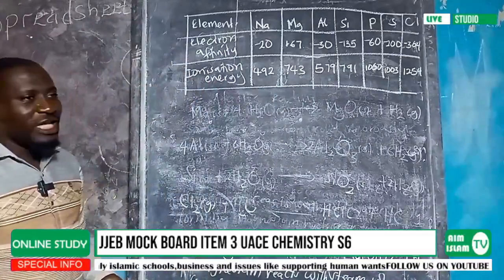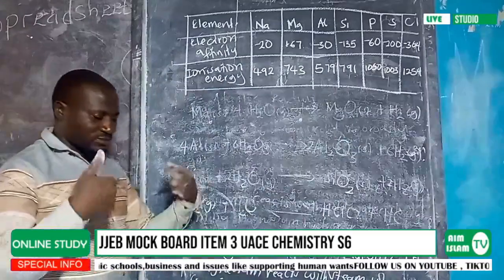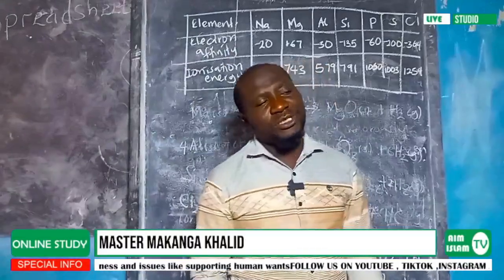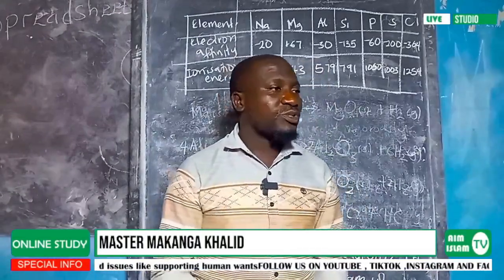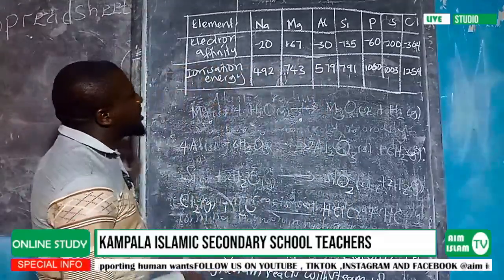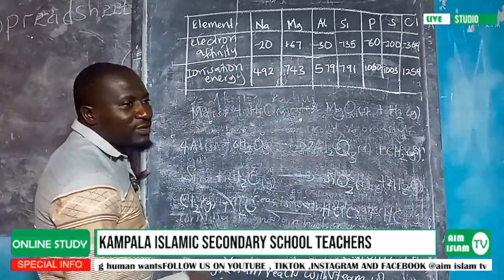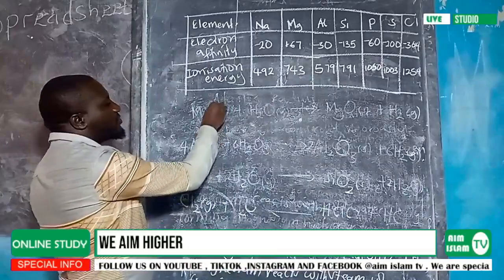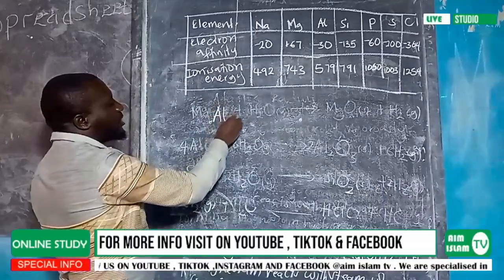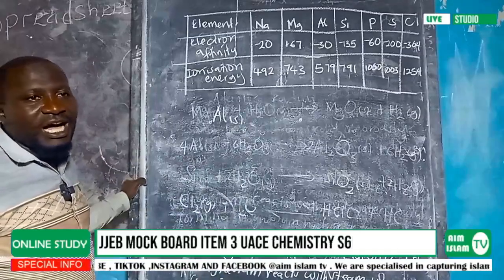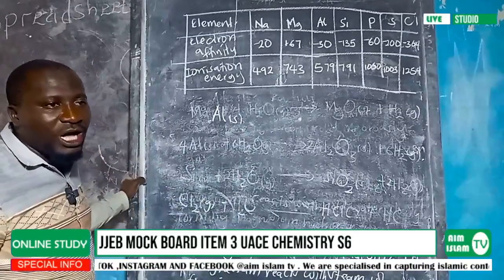But aluminium reacts with both dilute and concentrated sodium hydroxide solution, forming sodium aluminate. The equation for the reaction is here. Aluminium reacts with both dilute and concentrated alkali, forming the aluminate.